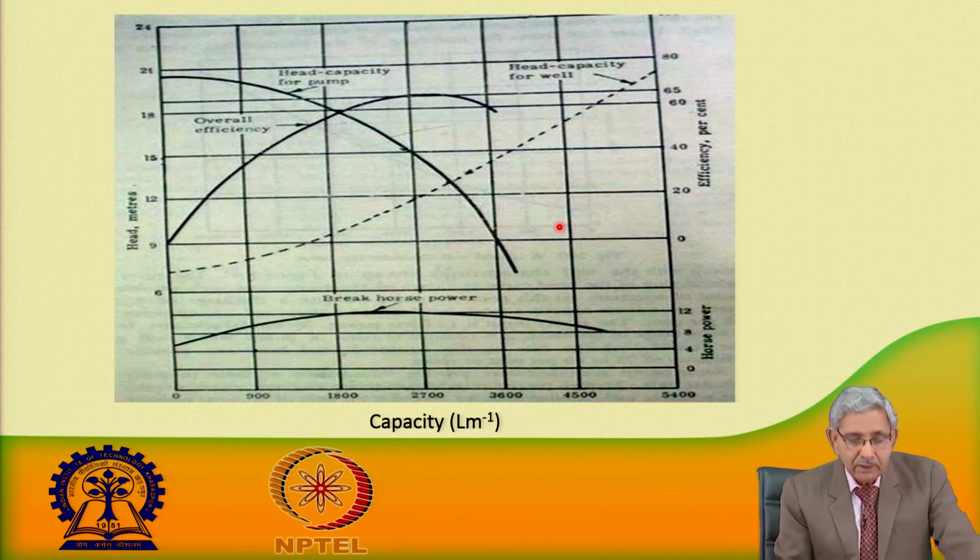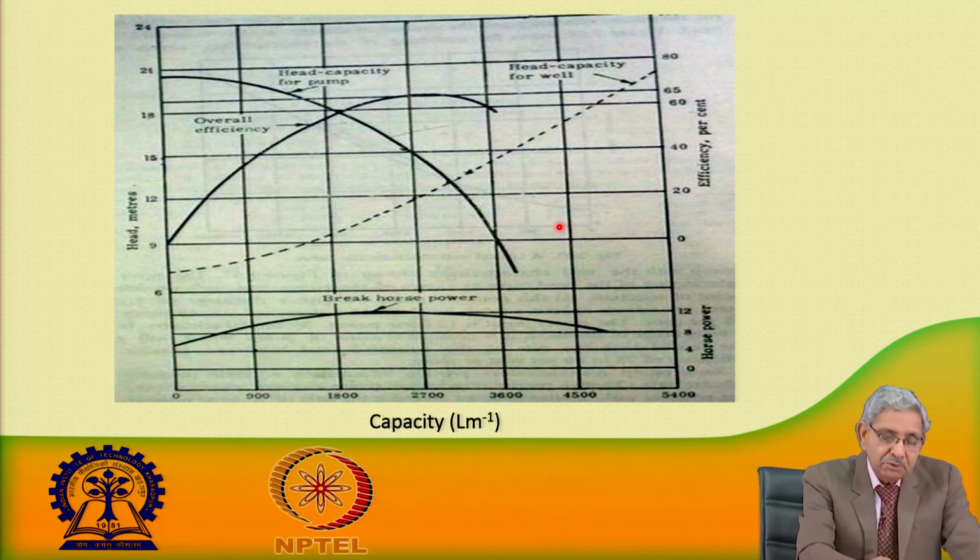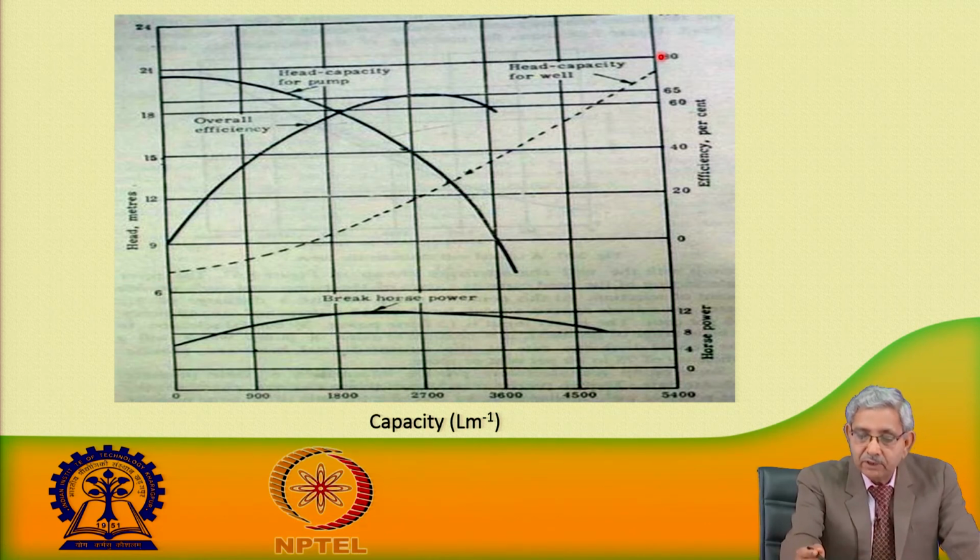Now, when we are finalizing the pump performance curve, one needs to draw all the performance characteristic curves. First, as I discussed, we need to draw the head capacity curve or drawdown capacity curve for the well.